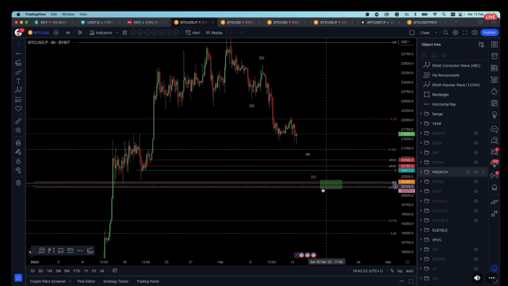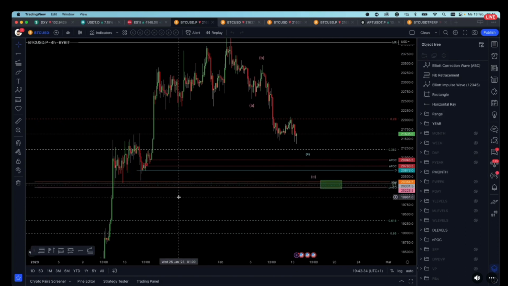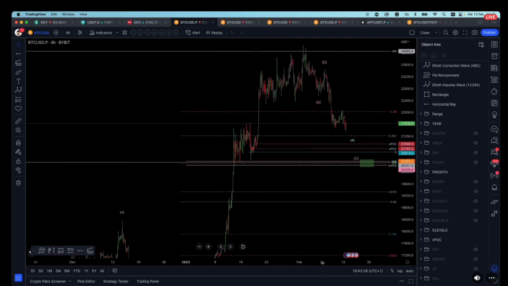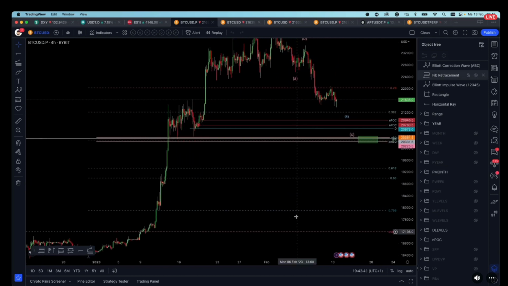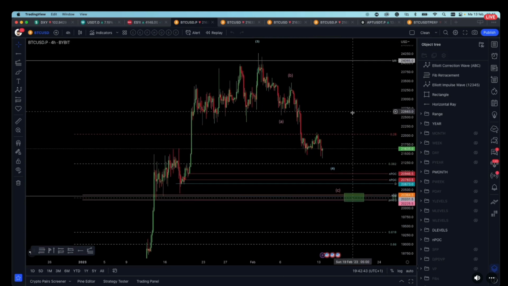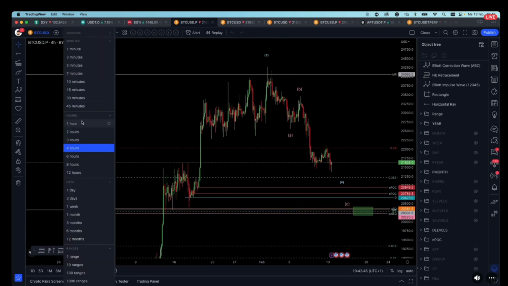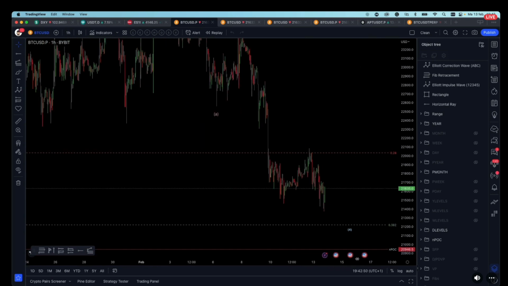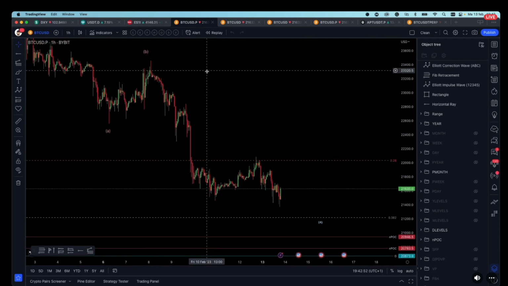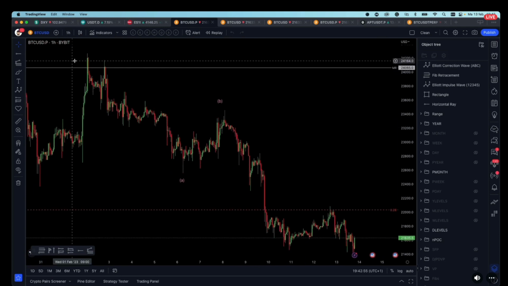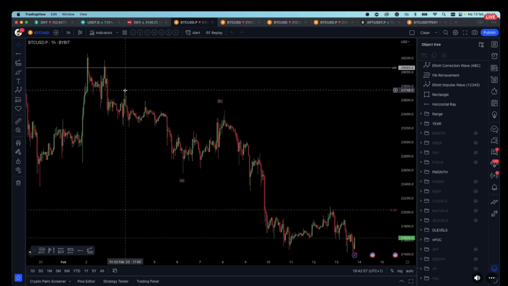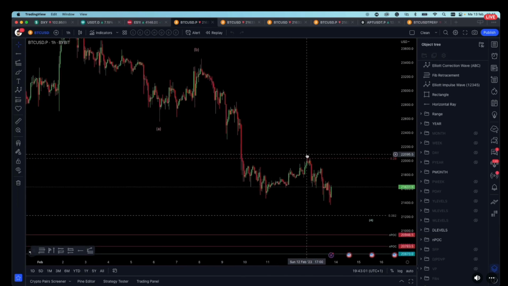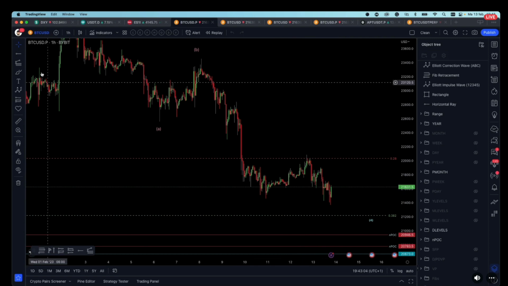Just knowing that I would rather long here, taking out these stops, but you never know where it will end. So you have to be patient and look for a trend change. Like on an hourly time frame, a trend change would be, as you can see here, lower high after lower high, leading towards the low.